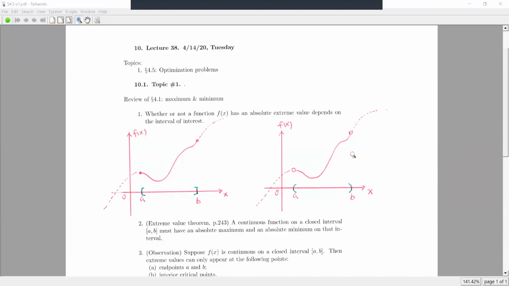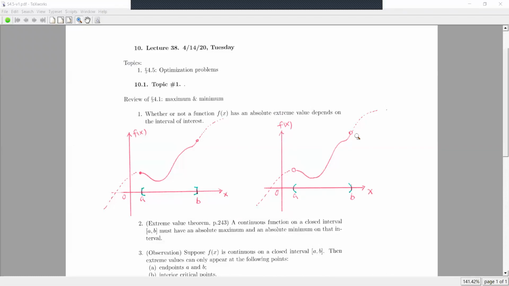Now, the figure on the right. I consider the portion of the graph of the function f, this time over an open interval. An open interval doesn't contain the two endpoints, so I place open dots here.